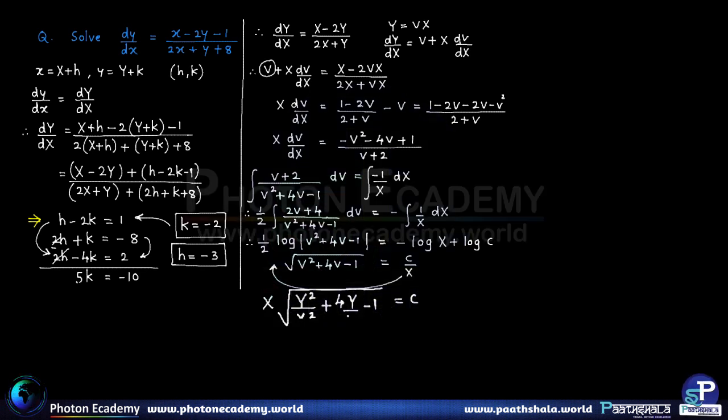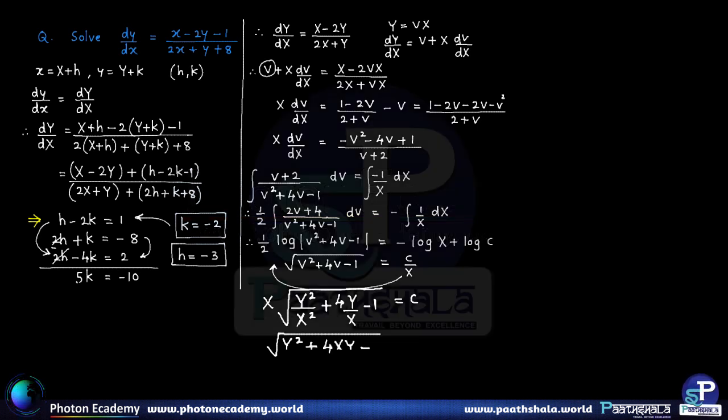Now if we take the x inside the square root, we will be left with y square plus 4xy minus x square is equal to c. Now if you want, we can even square both sides.